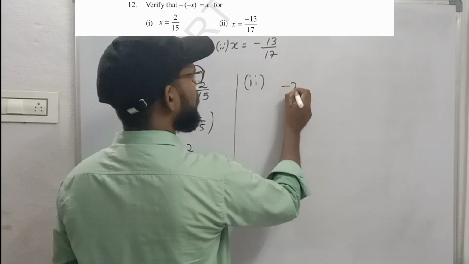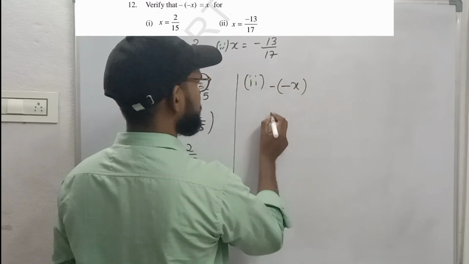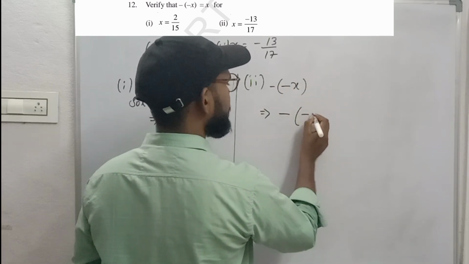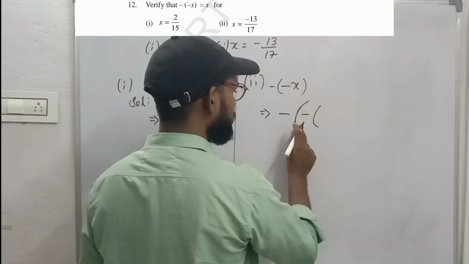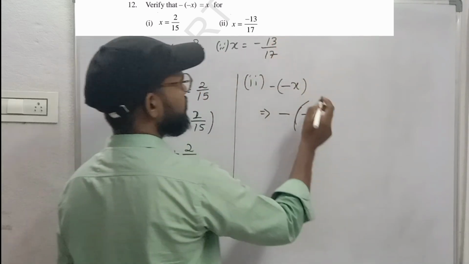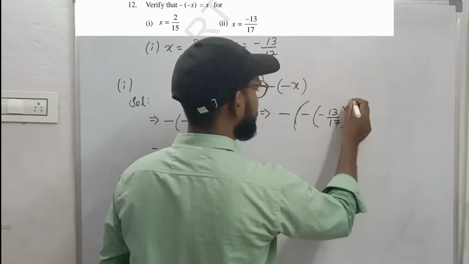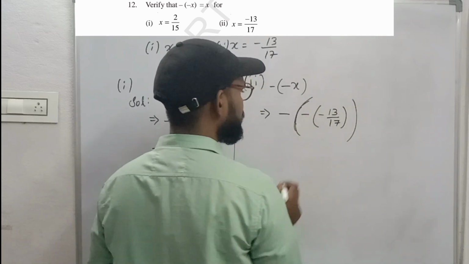Next one, the second problem. So minus of minus x equals minus of minus 13 by 17. Why am I writing two brackets here? Because here it is also negative, right? So here we require two brackets.